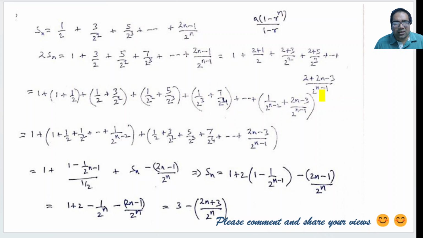Likewise. And in the final term also, 1, 2 will get reduced. 2/2ⁿ⁻¹ is 1/2ⁿ⁻², plus (2n-3)/2ⁿ⁻¹.